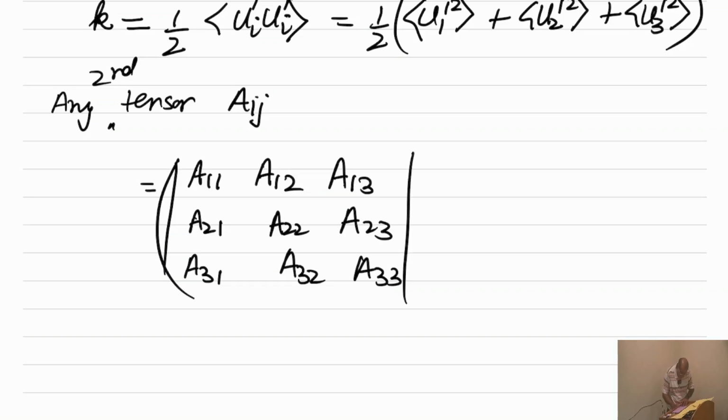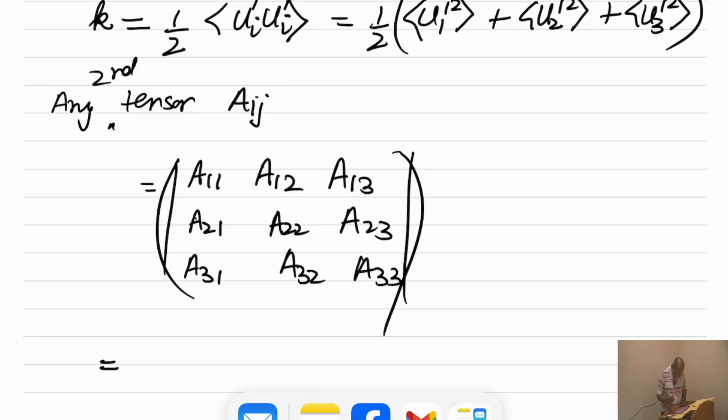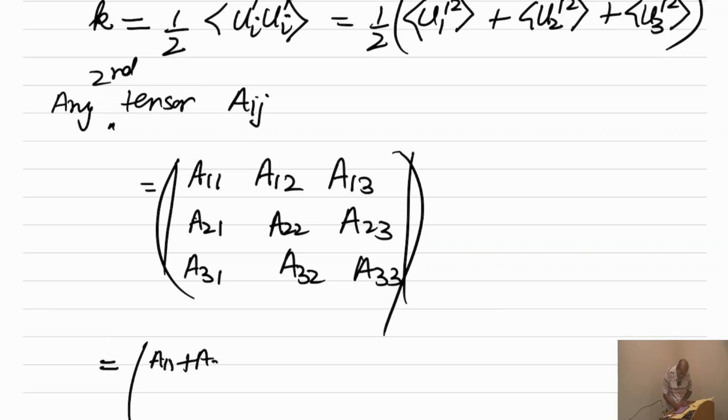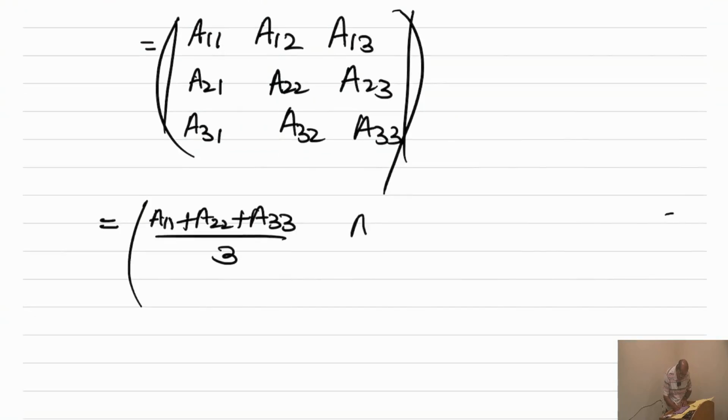I write it as the matrix with A11 plus A22 plus A33 divided by 3 on the diagonal and 0 elsewhere.